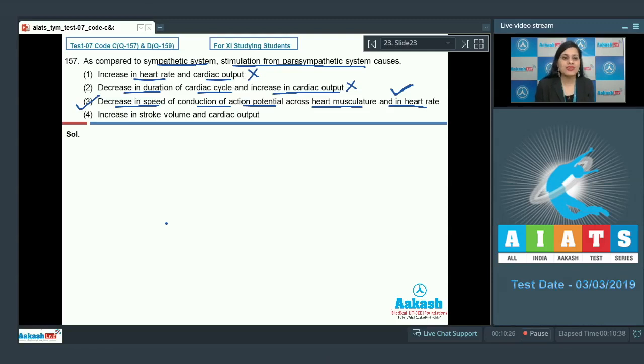The last option is increase in stroke volume and cardiac output, and this is an incorrect option, because sympathetic system increases the cardiac output. On the contrary, parasympathetic system decreases cardiac output. So the correct answer to this question is option number 3. Let's discuss our next question.